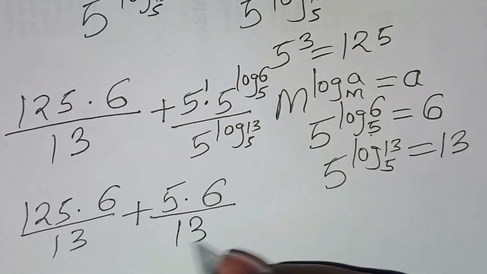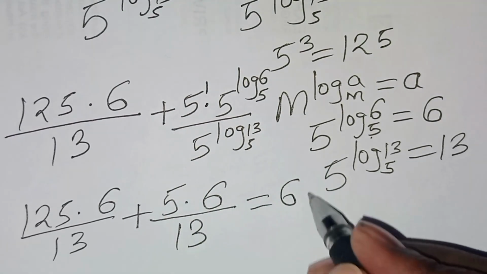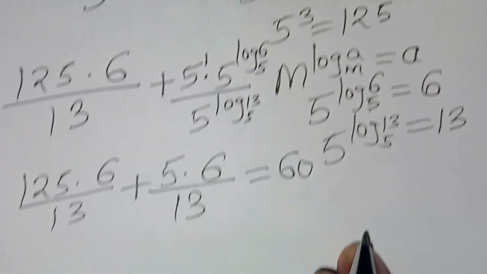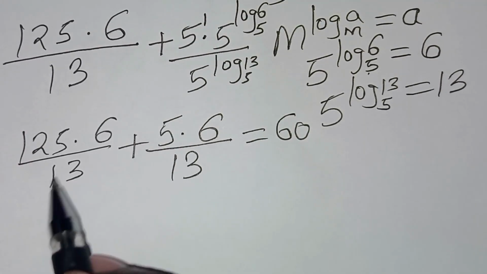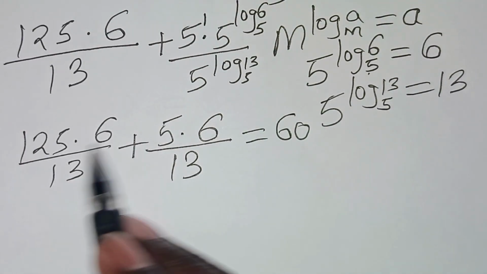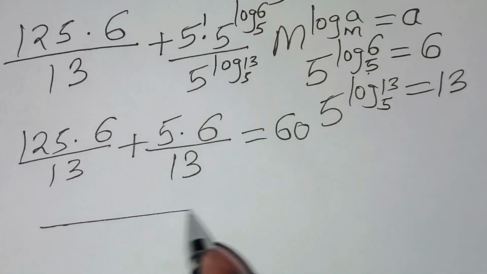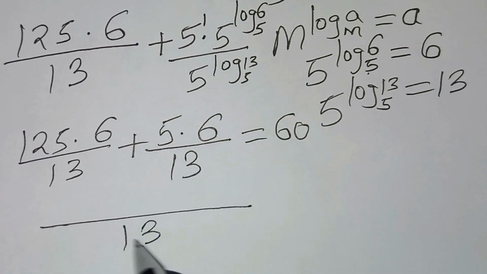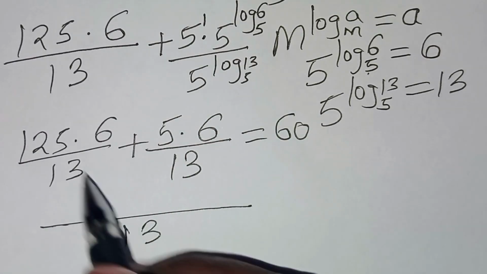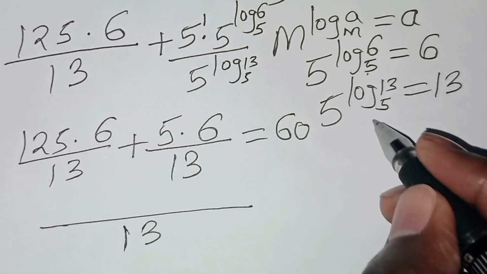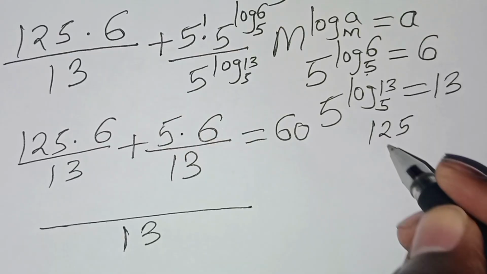So divided by 13, this should give us a value of 60. Here we have the LCM as 13, so we'll have 125 multiplied by 6.